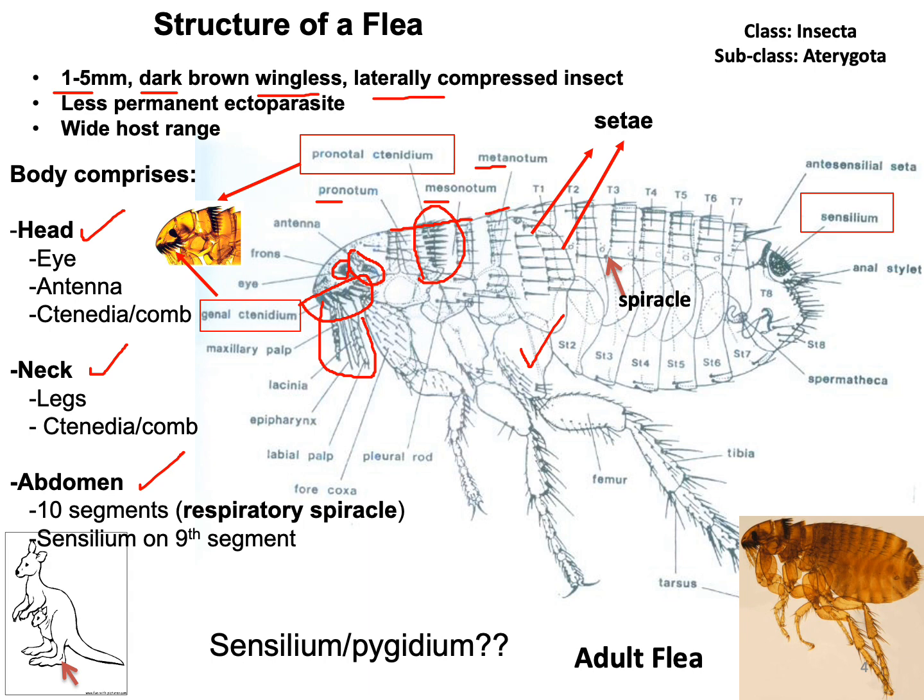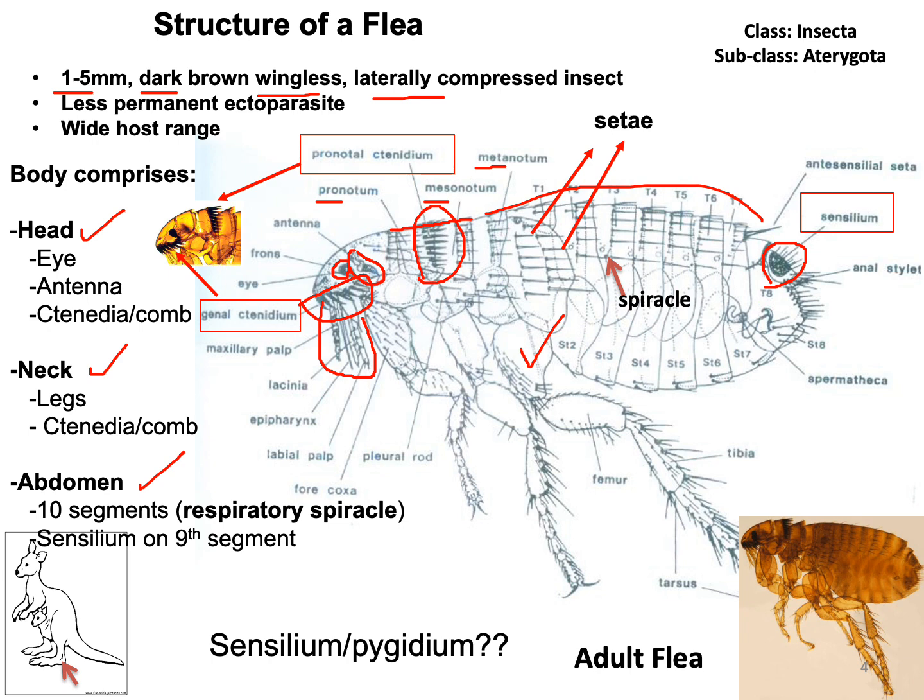In the abdominal region, there are 10 segments, so tergum 1 to tergum 10. One can easily identify 8 segments externally, and on the 9th segment there is a sensory structure called the sensilium. The function of the sensilium is very interesting.